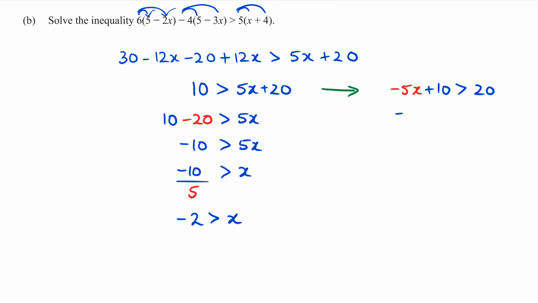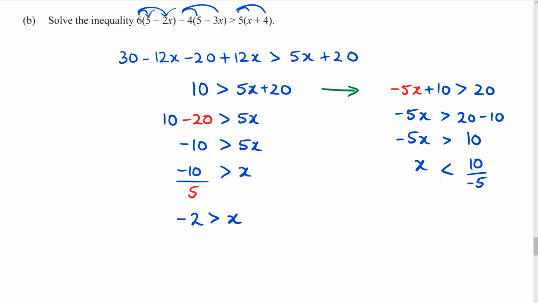Now rearranging it, you get minus 5x is greater than 20 take away 10. Negative 5x is greater than 10. And then x is 10 divided by negative 5. Because we're dividing by a negative number, you need to remember to switch the symbol.